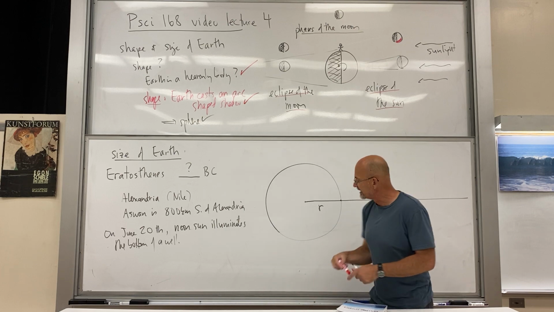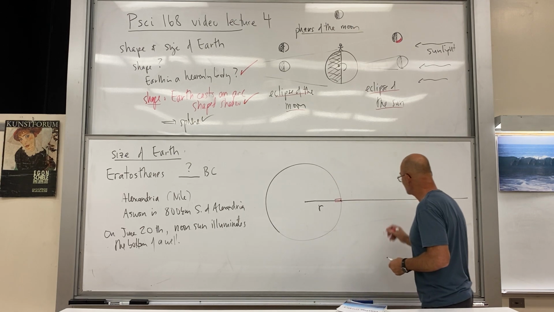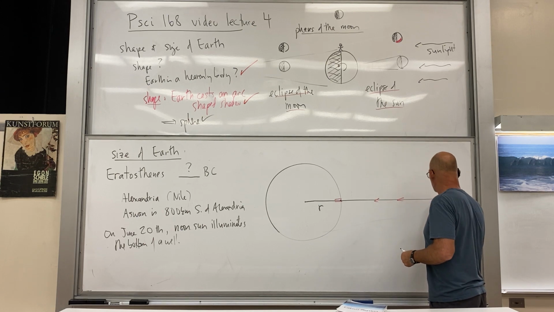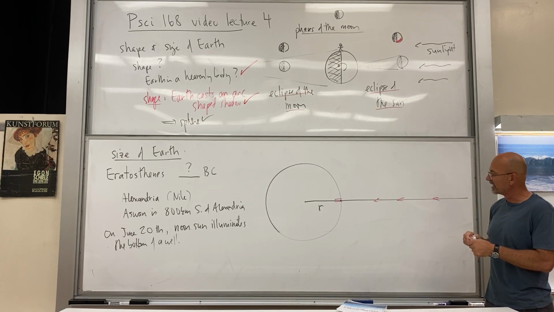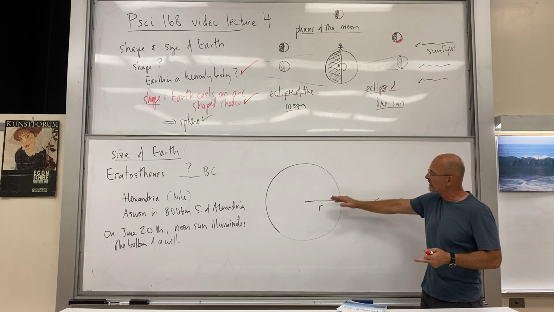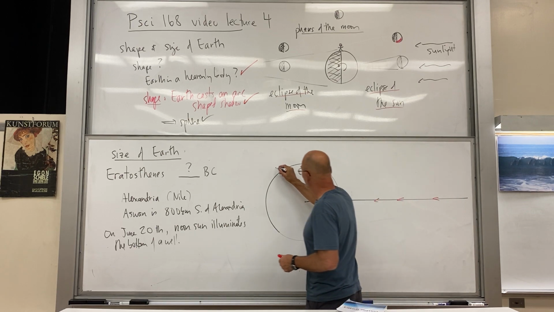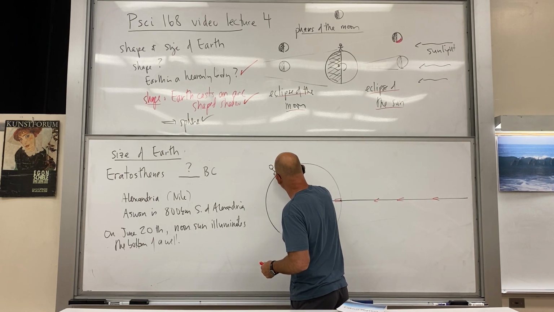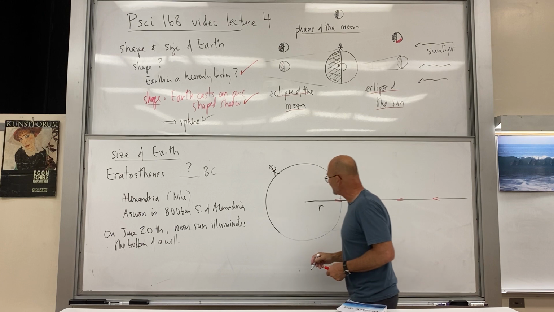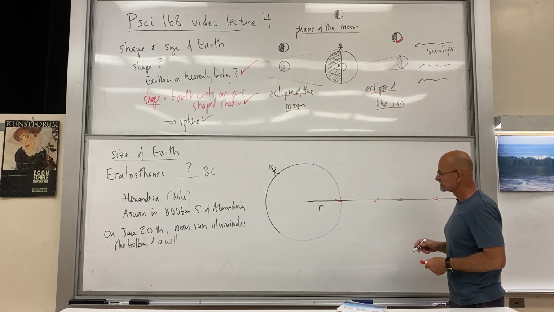I'll even draw the idea that the sun is illuminating the bottom of a well. So the ray of the sun coming in, that means it's directly overhead. Up, if you're standing on Earth, is always away from the center. So if we were standing over here, for instance, that's the up direction, right? And here the up direction is directly overhead.